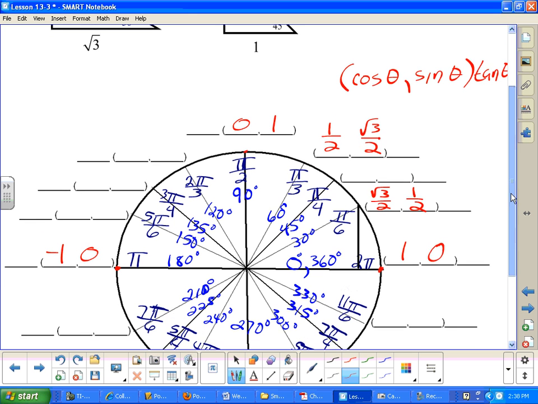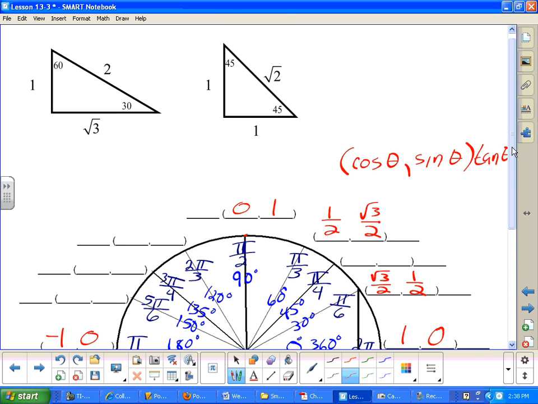Okay. How about 45? Square root of 2 over 2. At 45, cosine is 1 over the square root of 2, sine is 1 over the square root of 2. Okay. So we know we can't leave it as 1 over the square root of 2.